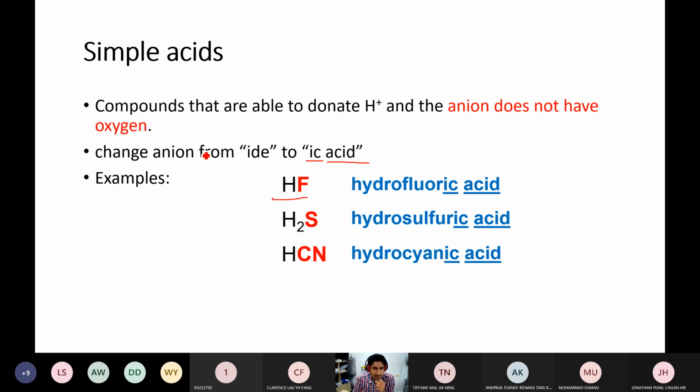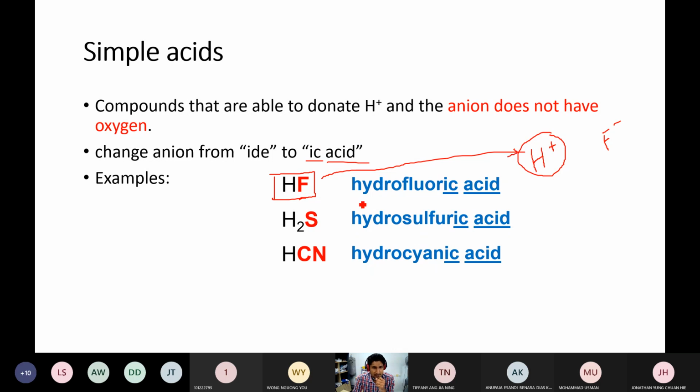So we have seen there is no oxygen, and when it dissociates in aqueous medium, that is, in the presence of water, it is able to donate a hydrogen ion. Of course, there will be an anion there too, but the hydrogen ion can be donated from here.